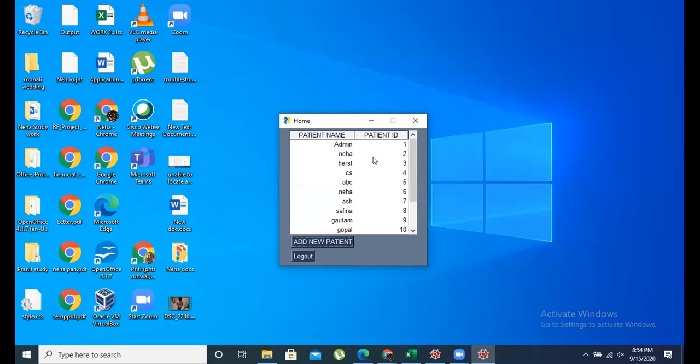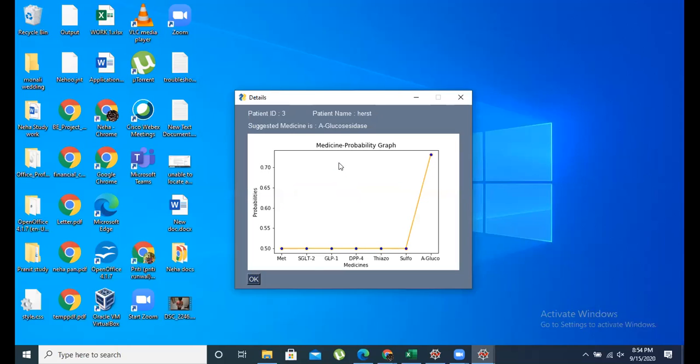Here we get the patient name and patient ID, after which we can see the data of the patients by clicking on the respective ID. The details include the suggested medicine and the graph. In many cases, there are two suggestions which have really similar probability. So the doctor can get an idea about the possibility of a patient getting a medicine by seeing the graph.